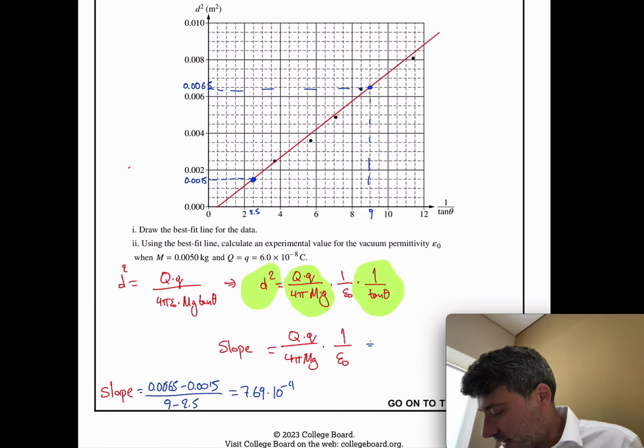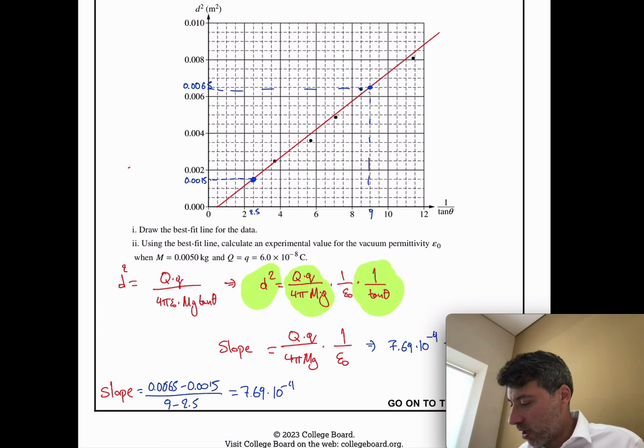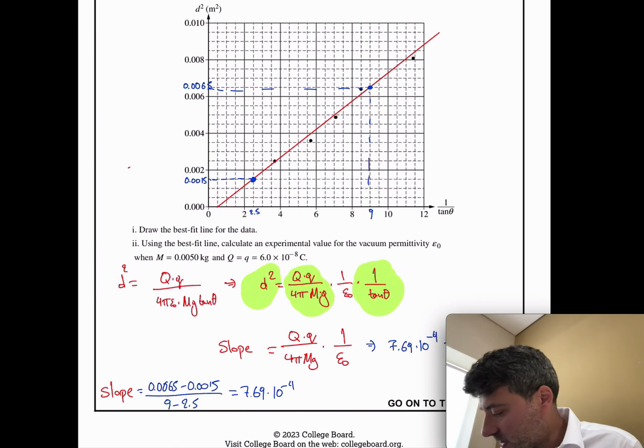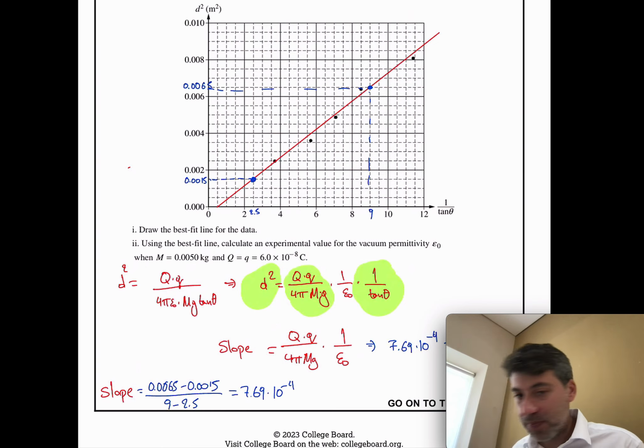So we get that this slope is equal to the value for the Q, and the Q is given actually 6 times 6, so 36 times 10 to the power of negative 16, divided by 4 pi, the m is given 0.050, and the g is 9.8, and the only thing that we don't know is the 1 over epsilon 0.